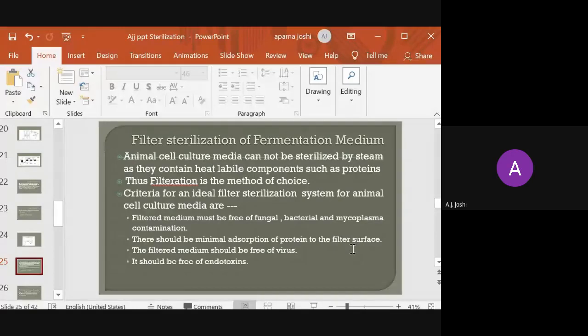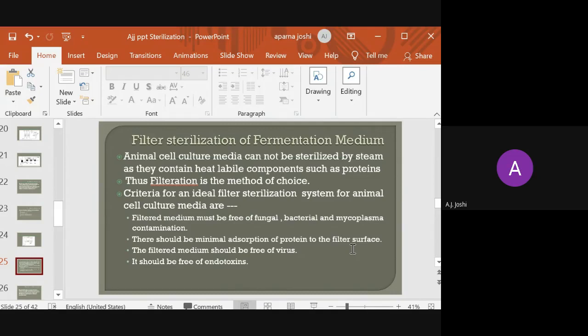One thing I should mention here is that it is not the case that we only use this filtration for animal cell culture media. We have already seen that there are other media components that are heat labile. I have mentioned the example of Corynebacterium glutamicum used for glutamic acid production, where we add biotin.